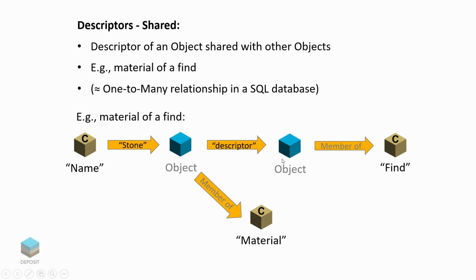So this object, which is a member of the class find, has a relation descriptor to another object. So this object represents the shared descriptor of this object, and this descriptor object is a member of the class material. So it represents material, and it itself has a descriptor named, which has the value stone. So this means that this object is described by a material with the name stone.